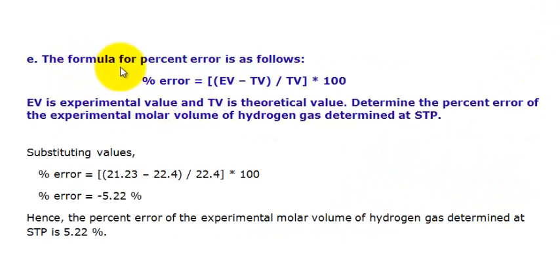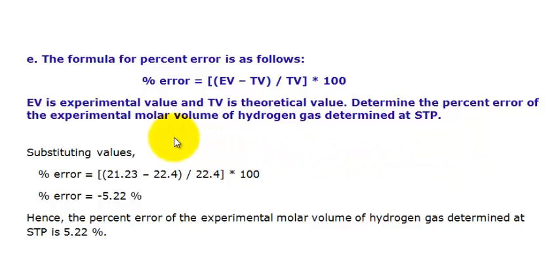E. The formula for percent error is percent error equals experimental value subtract theoretical value divided by theoretical value times 100. Determine the percent error of the experimental molar volume of hydrogen gas determined at STP.